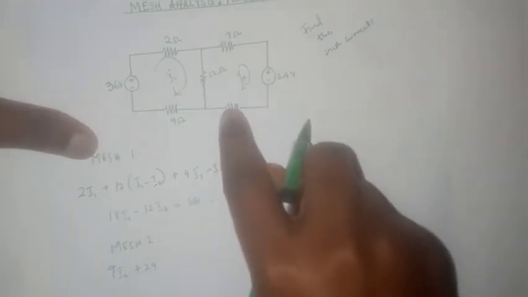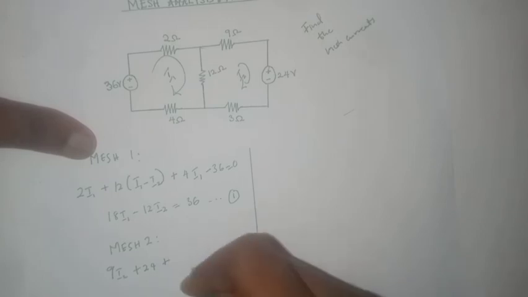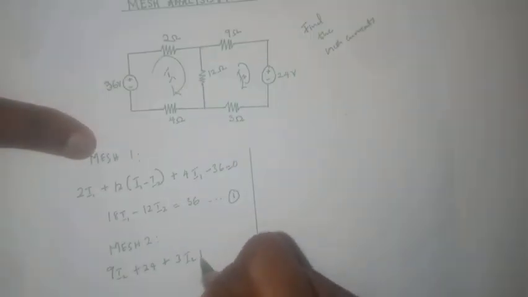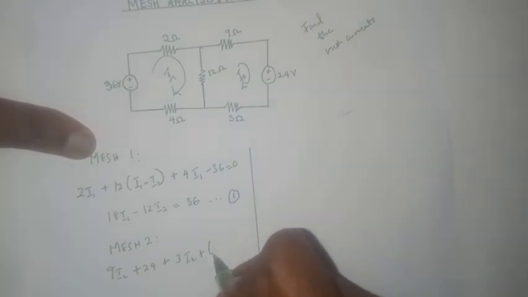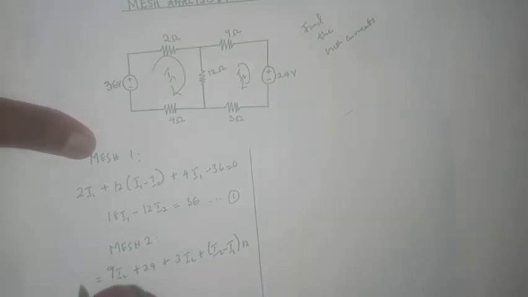Then we come here, that would be plus 3 I2. Then we come here and we have plus I2 minus I1 multiplied by 12. Then we equate everything to 0.